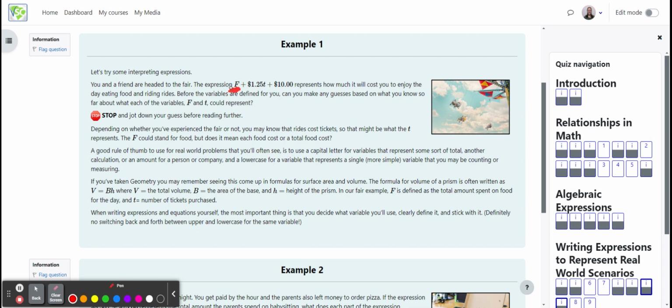Capital F. Let's see, I know that I'm eating food and riding some rides. Food starts with F, so I'm thinking that this F is the total food cost. And then little t, we could say, is the number of rides that we are going to ride on.